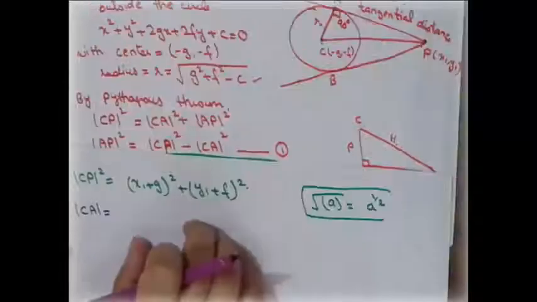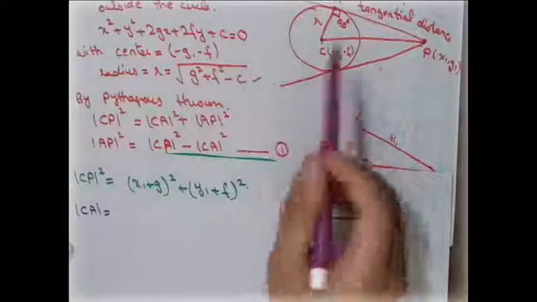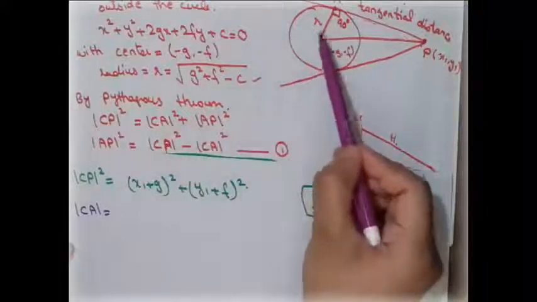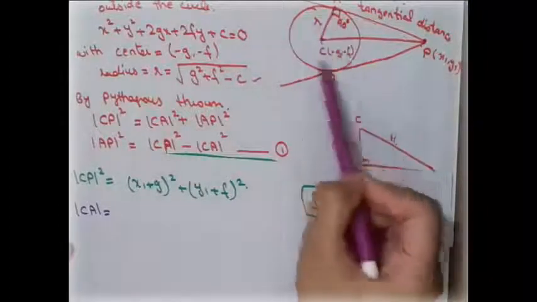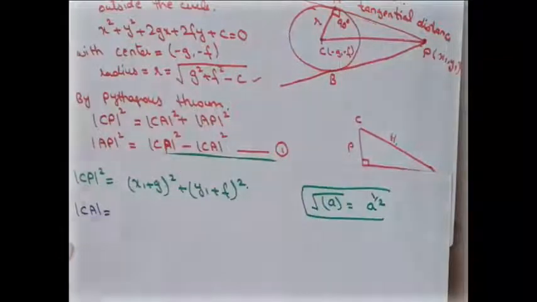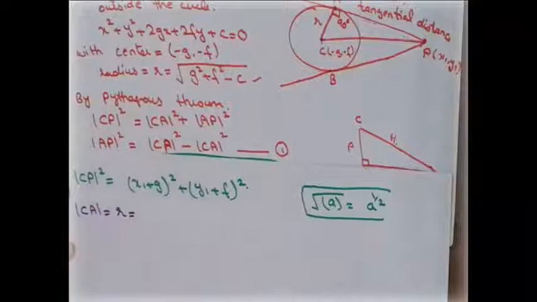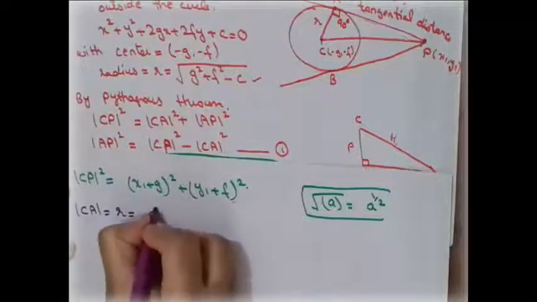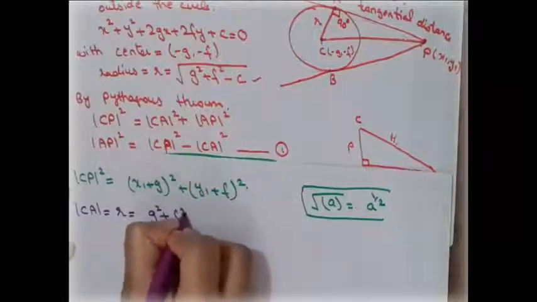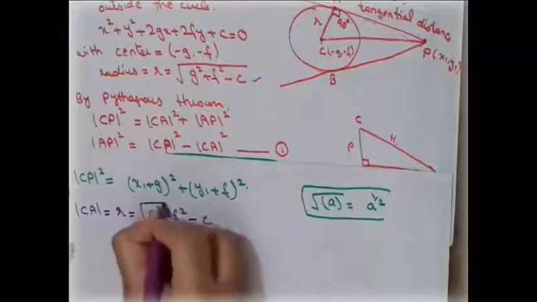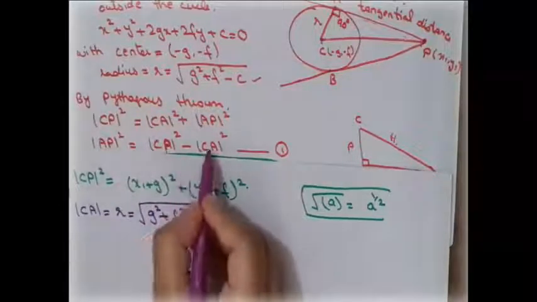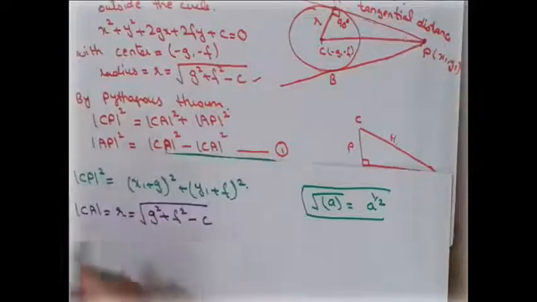The second thing we need to find is CA, and CA is the radius. If this is a circle, then its radius will be this. So what is the radius? It will be the square root of g squared plus f squared minus c. But we have to find the square of this term as well.